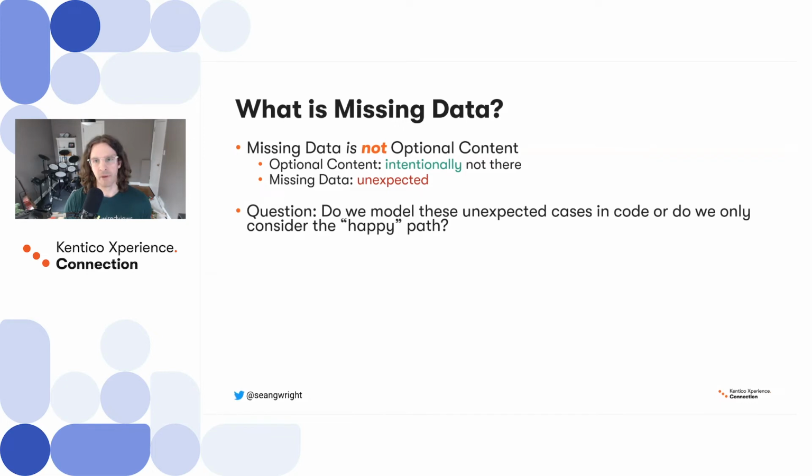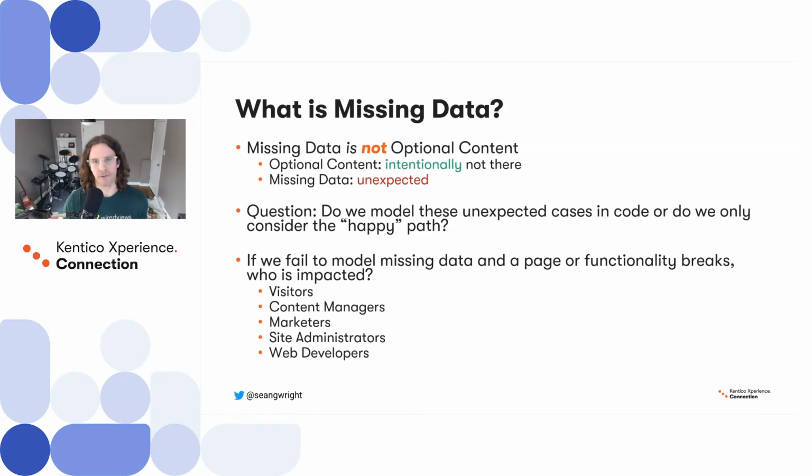So here's a question. Do we model these unexpected cases in code, or do we only consider the happy path? If we fail to model that missing data and a page or the functionality of a page breaks, who's impacted? Visitors are going to be impacted. Content managers are going to be impacted.